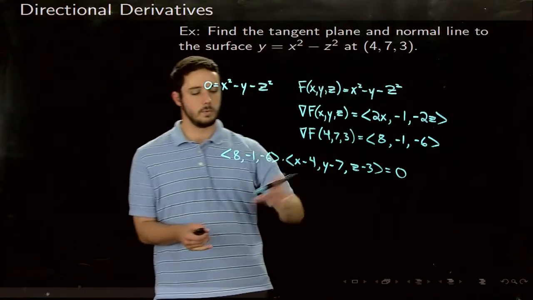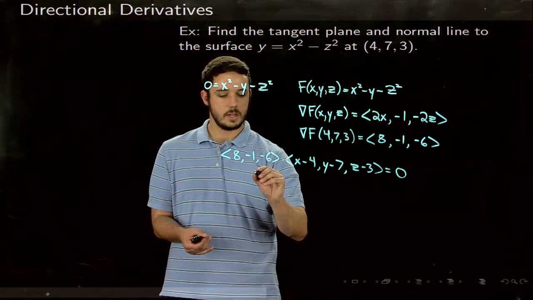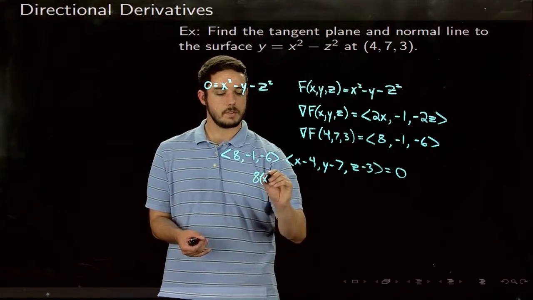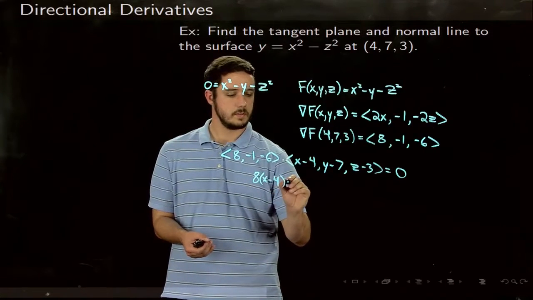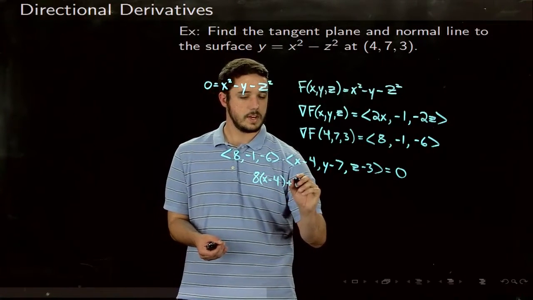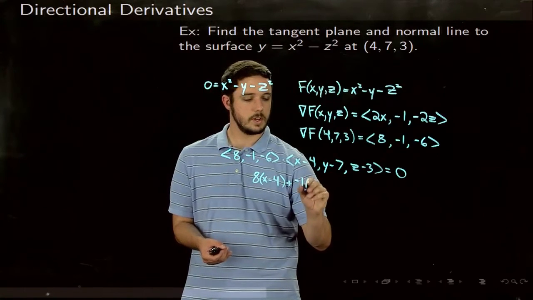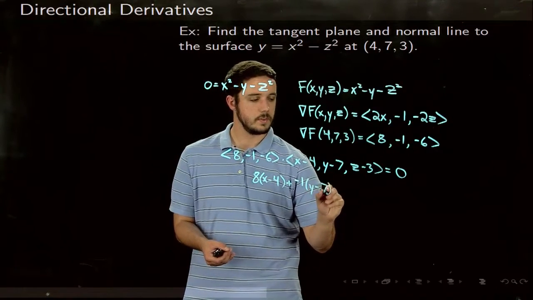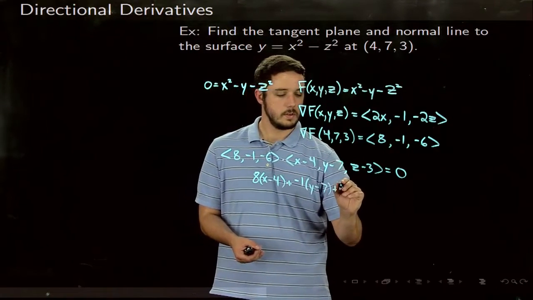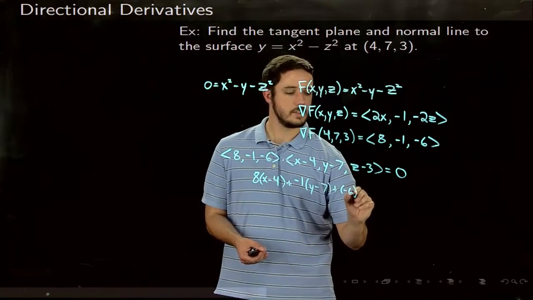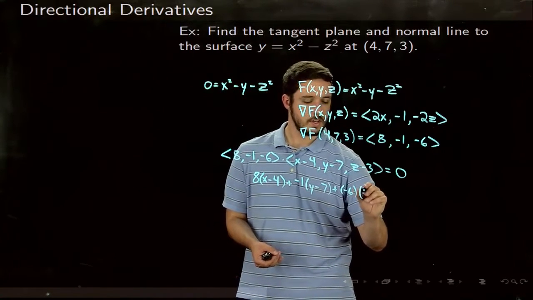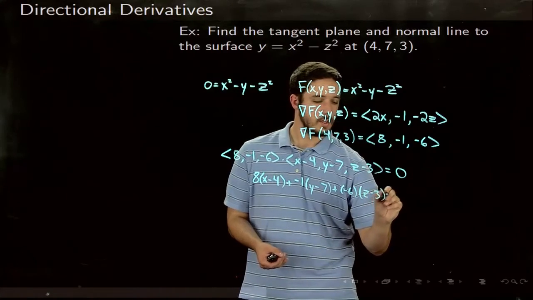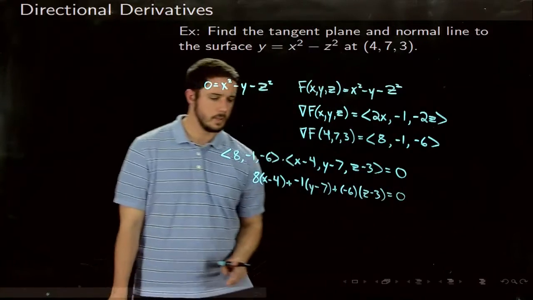So what happens when we multiply this out? We get 8 times x minus 4, plus negative 1 times y minus 7, plus negative 6 times z minus 3. That whole thing has to equal 0.